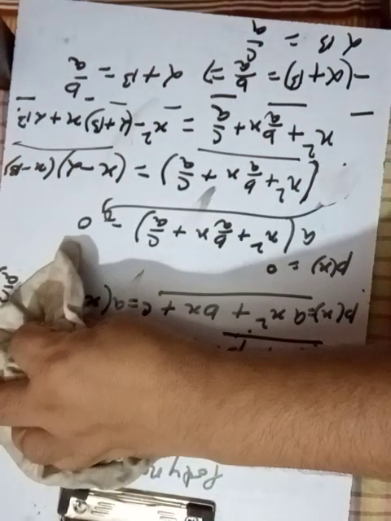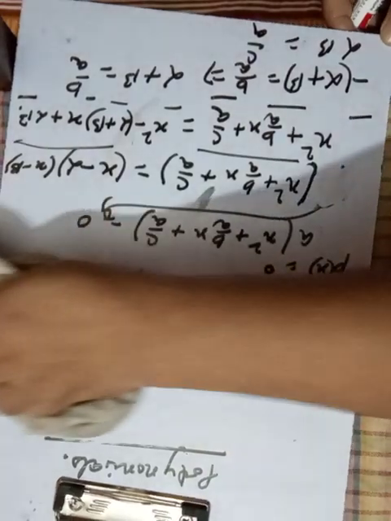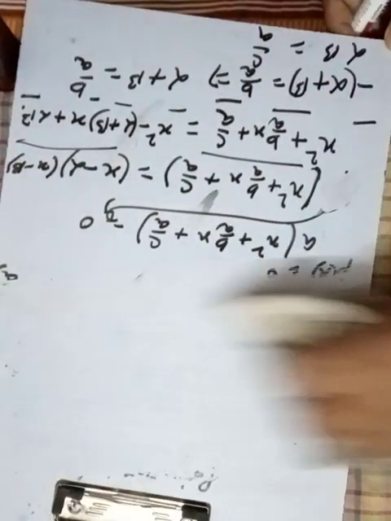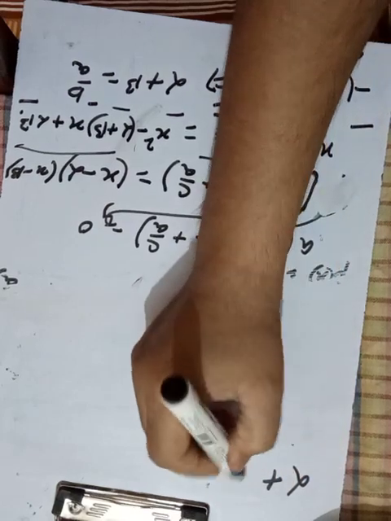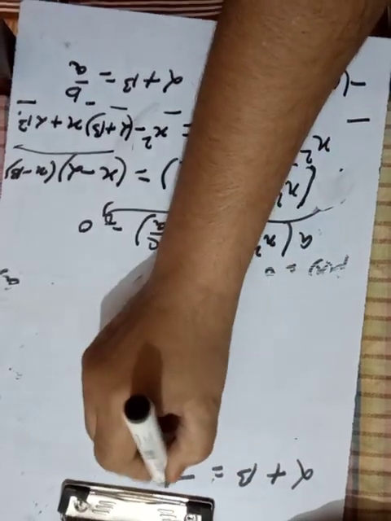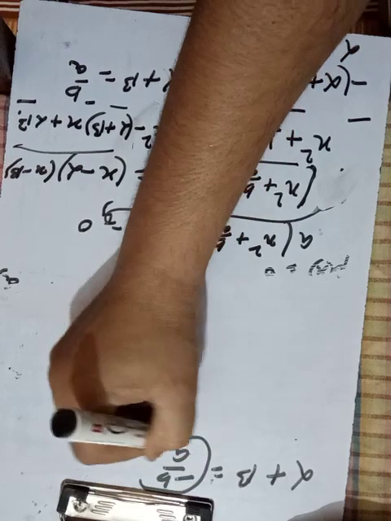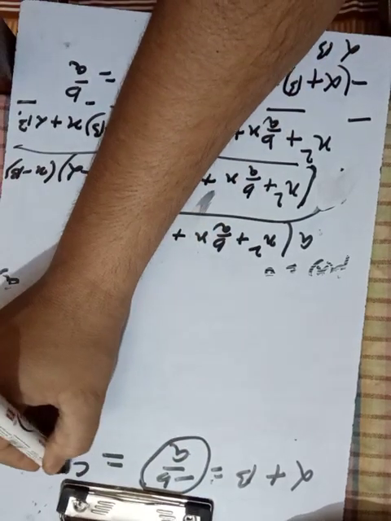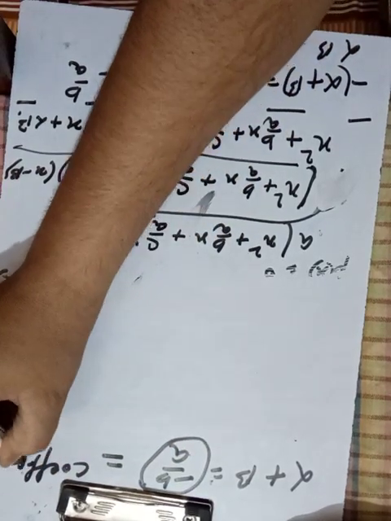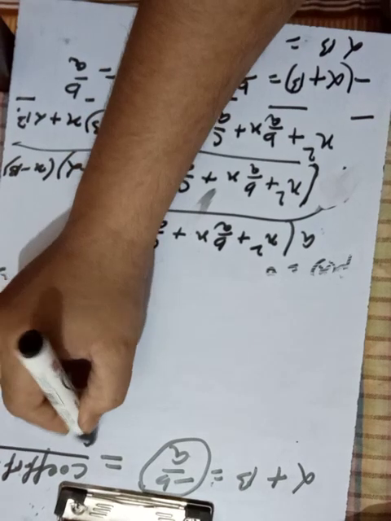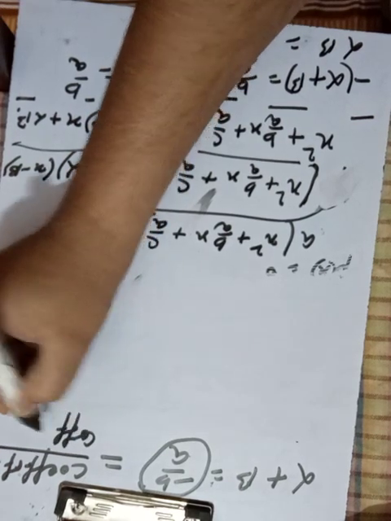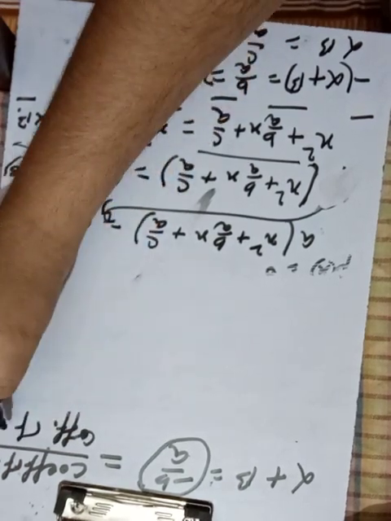I have taken here alpha plus beta as minus b by a. What is this minus b by a? It is the coefficient of x by the coefficient of x square.